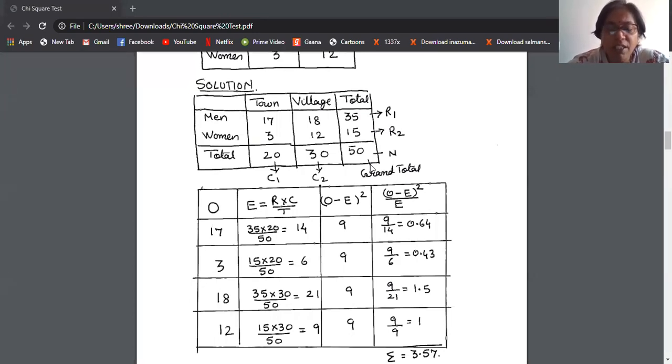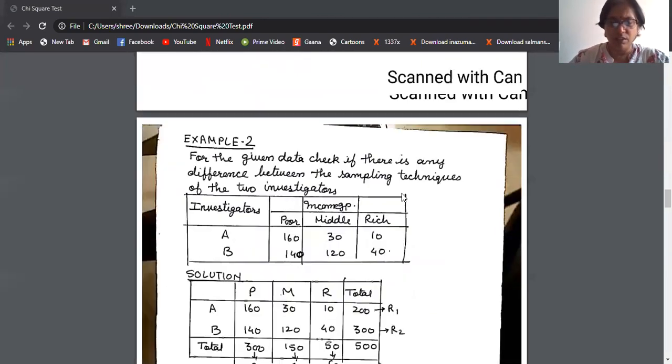So 17 is in which row and which column, that you have to find out. See, 17 is in the first row. For 17, the row total is 35. For 17, the column total is, go down, you get 20, correct? So it is 35 into 20 divided by the grand total, which is 50. Okay, so 35 into 20 divided by 50, so R into C. Yeah, Sejal, that's clear. Very good.